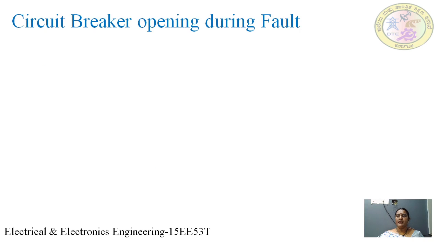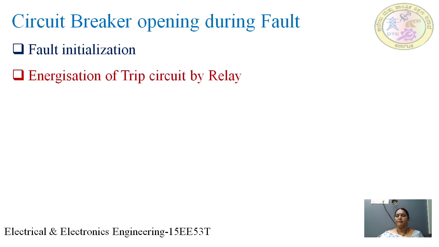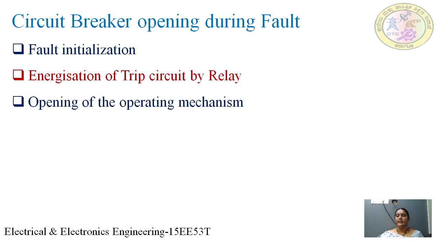Next, circuit breaker opening during fault. What are the consequences that will occur during the circuit breaker opening time? First, there will be a fault initialization. Next, energization of the trip circuit by a relay.